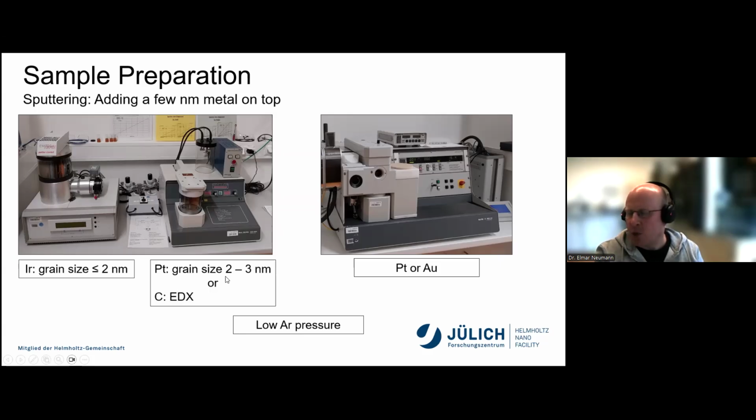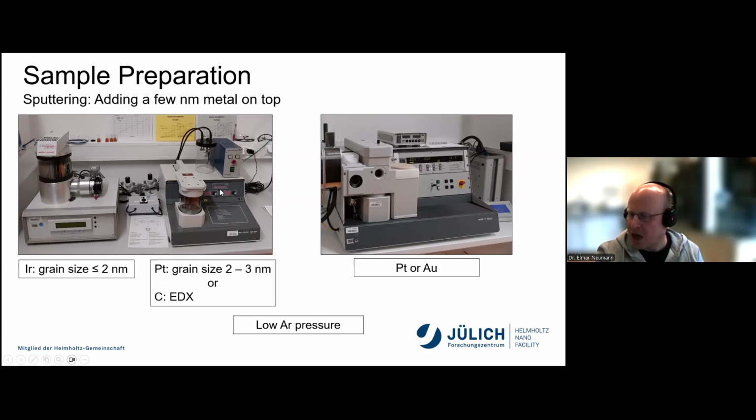Platinum is what we prefer for biological samples. It has a grain size of 2 to 3 nanometers. Or for other samples, nanostructured materials coming from the clean room, for example, we prefer iridium. This has a very small grain, smaller than 2 nanometers.